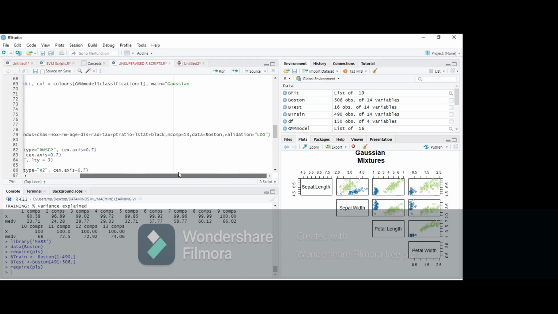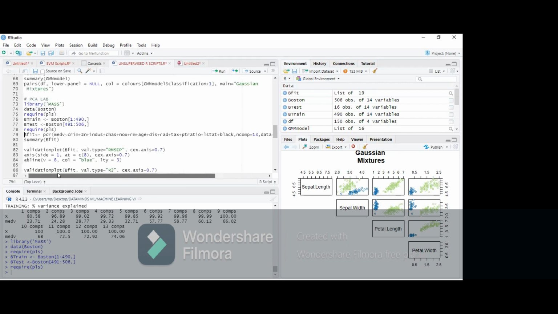If you put anything less, it just uses fewer components. The data set is Boston. Validation is leave-one-out cross validation. You can as well use K-fold cross validation, where you define your K, what your fold is. But since you have decided to use LOO, it's just to leave one out.